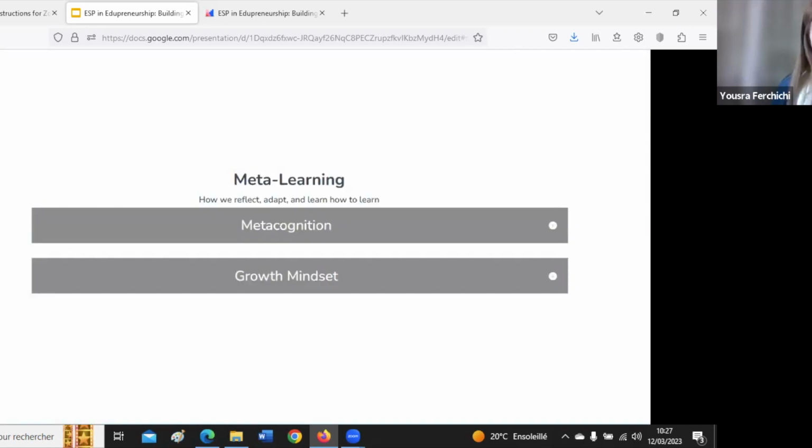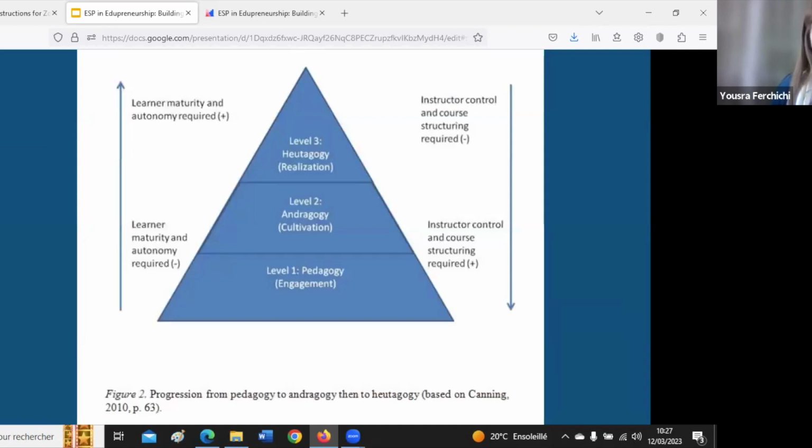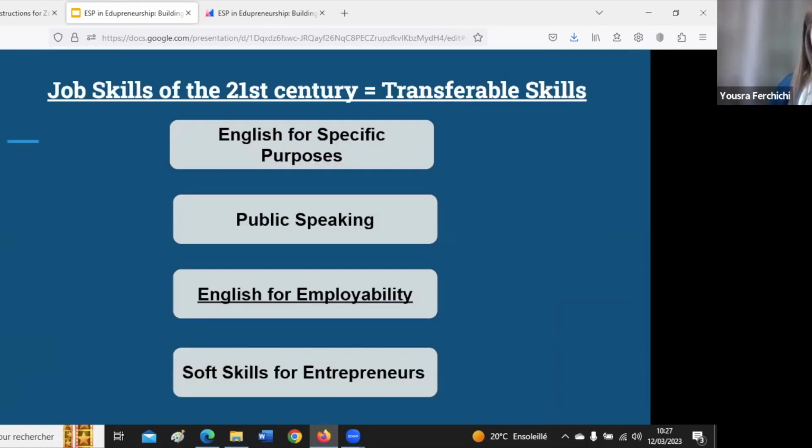Also, we talked about meta learning, metacognition and growth mindset. So the growth mindset is like the elevation, just like in the pyramid metaphor. We're no longer talking about pedagogy in the bottom part of the pyramid, but we're going upwards. And here, since we talked about the 21st century skills, now we can talk about transferable skills.